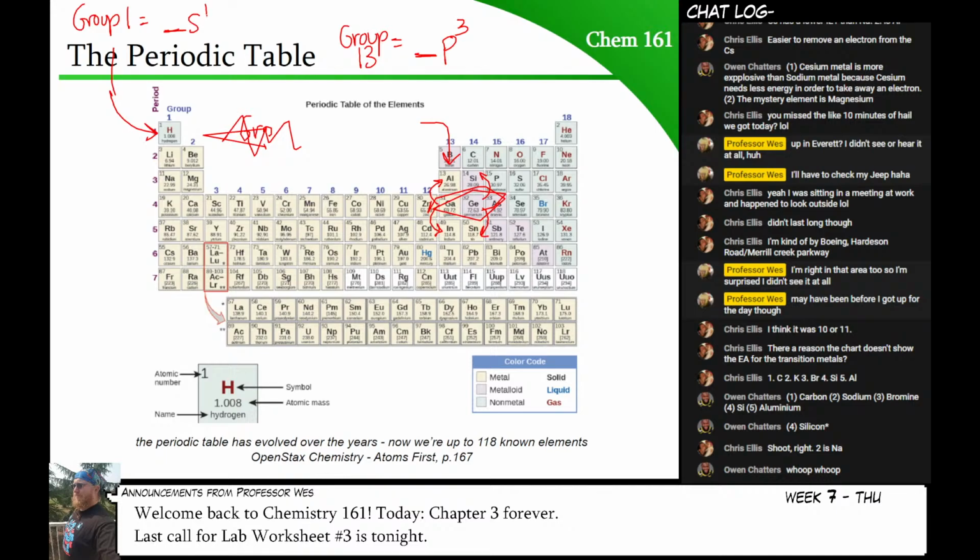So the periodic table is completely arranged based on electron configurations. Everything in a column ends in the same electron configuration, at least until we get to the exceptions for all this stuff here in no man's land.